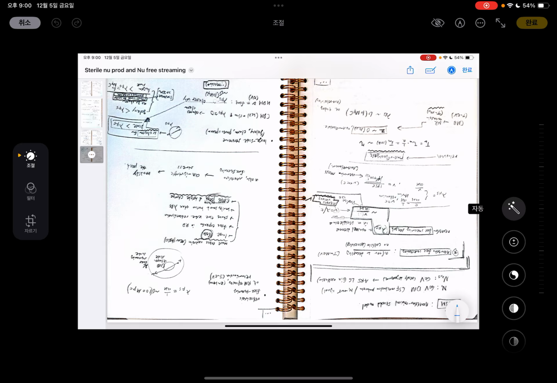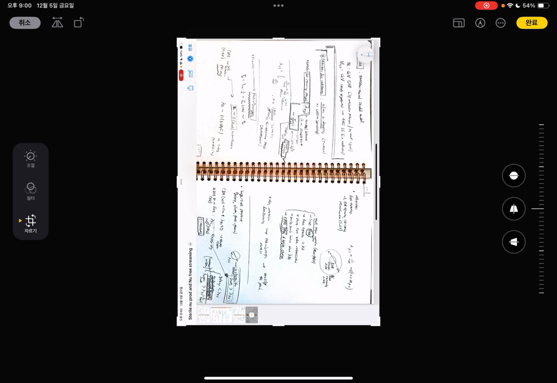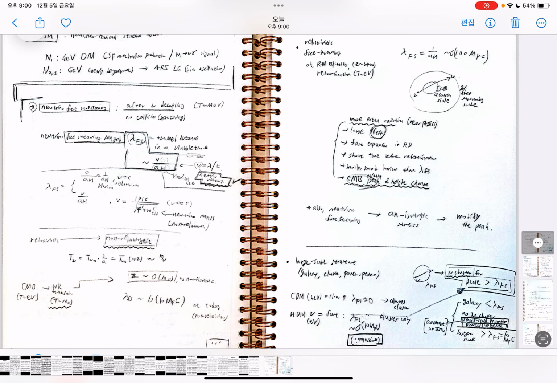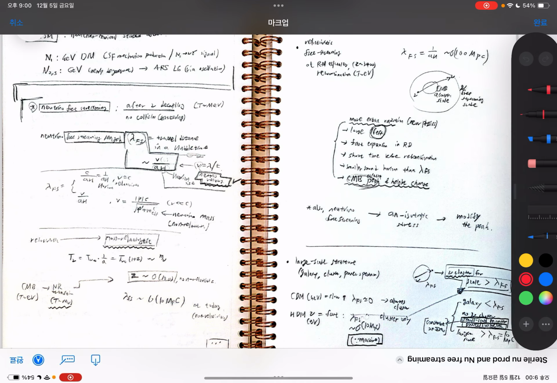Maybe I can rotate this like that. How can I rotate it? Yeah, maybe that one. And okay, complete. And yes, maybe I can draw something by using this.